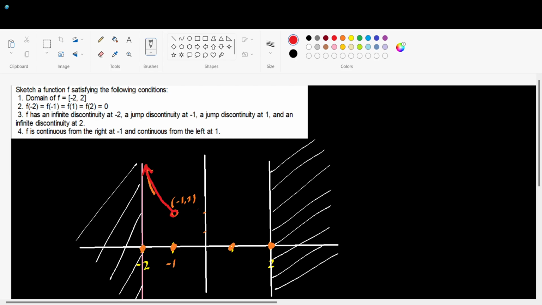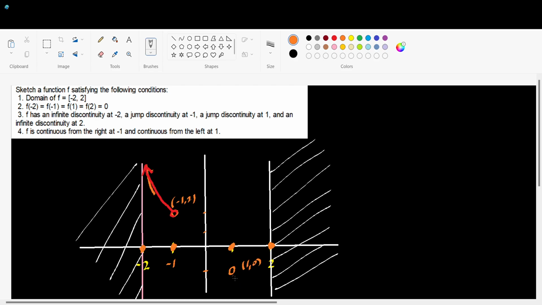What else? There is a jump discontinuity at 1. Since the point (1, 0) is in the graph, and if there is a jump discontinuity here, then we must consider another point here, but it is excluded. Say for example that is (1, 2).